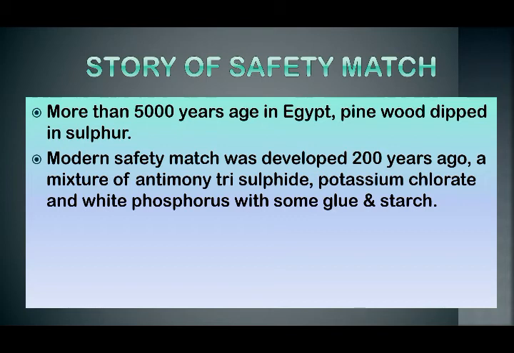A mixture of antimony trisulfide, potassium chlorate, and white phosphorus with some glue and starch was dipped in the head of a match made of suitable wood. When this was struck against a rough surface, the heat of friction starts the combustion of the match.